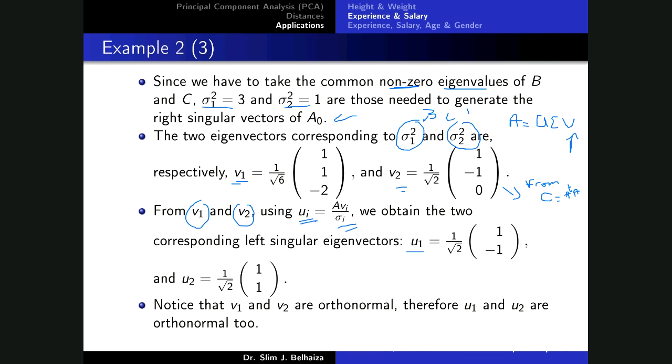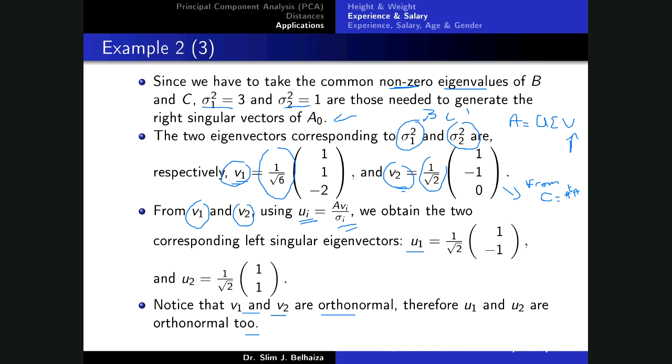You can easily check that both vectors are orthogonal. If you do the dot product, you get 1 minus 1, 0. And if you do U1 times U2, you also get a 0. So the two vectors are orthogonal. They also have a unit norm, and we are prepared to continue.